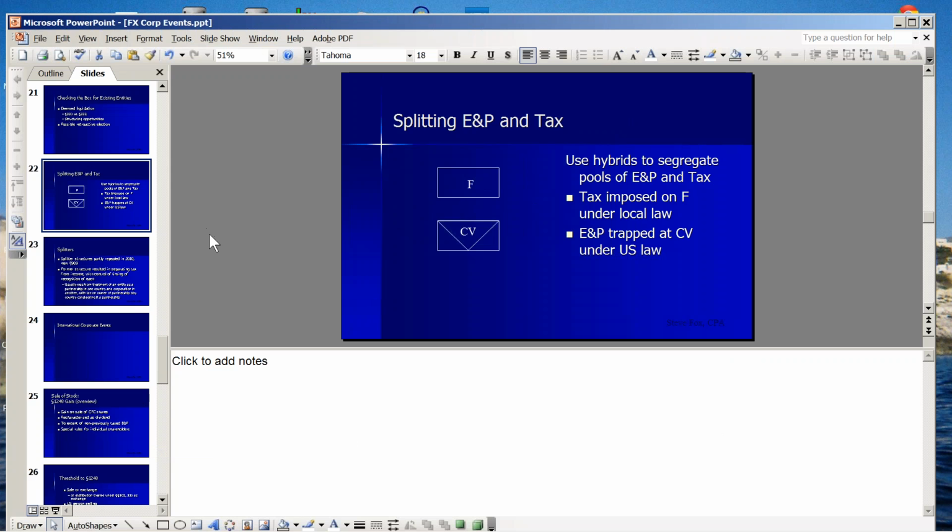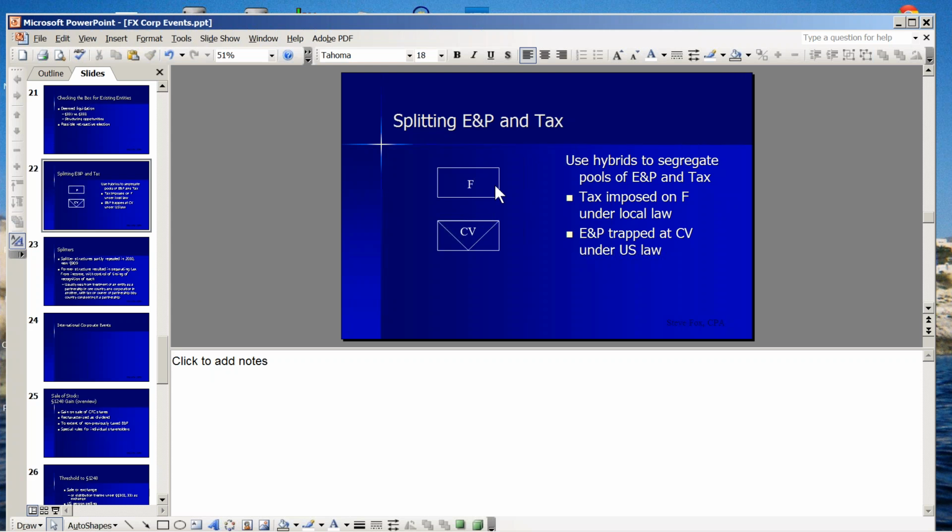One of the things that we have the potential of doing in tax is splitting earnings and profits from tax. And we used to do this before check the box elections, but check the box now makes it easier.